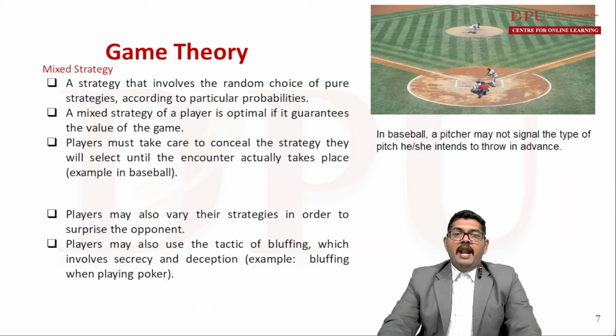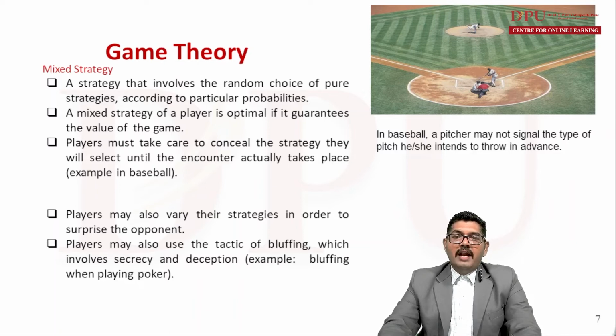Then mixed strategy games. A mixed strategy involves a random choice of pure strategies according to particular probabilities. So mixed strategy means the player does not choose a single strategy while playing a game. Rather, he uses more than one strategy, each with different probabilities. Such a game is called a mixed strategy game.